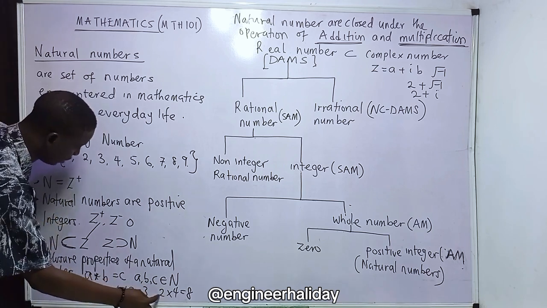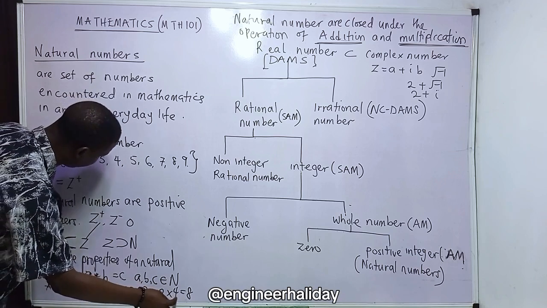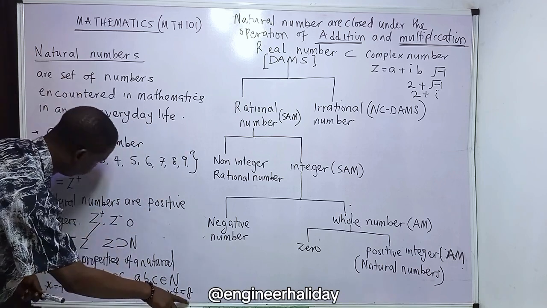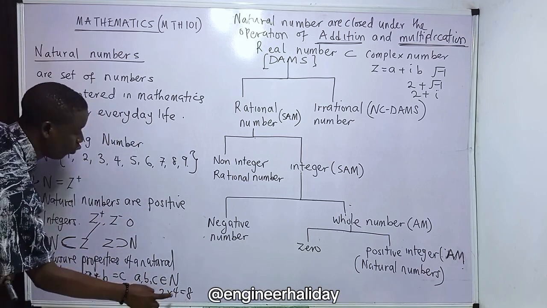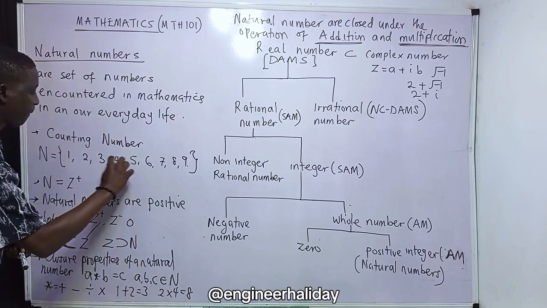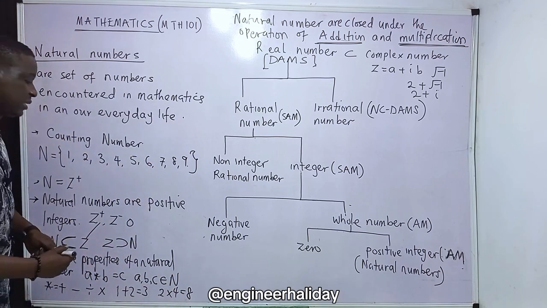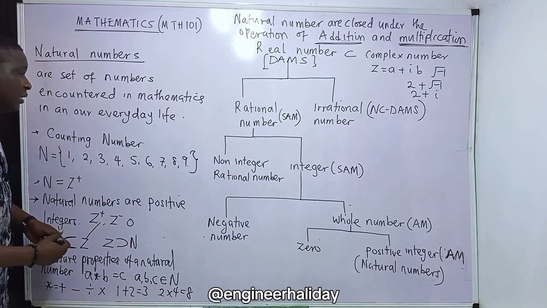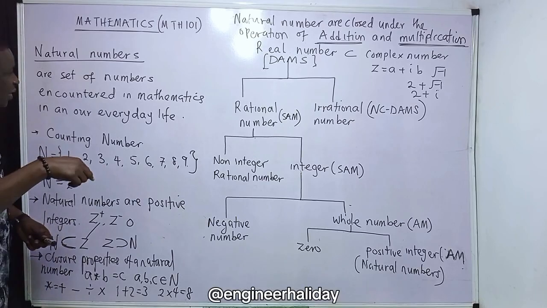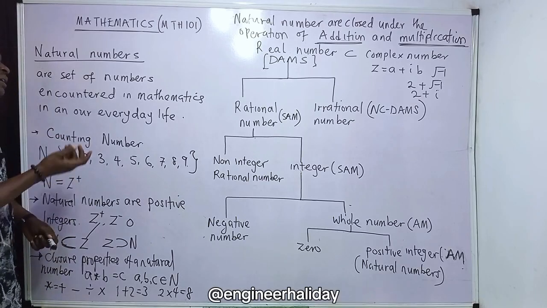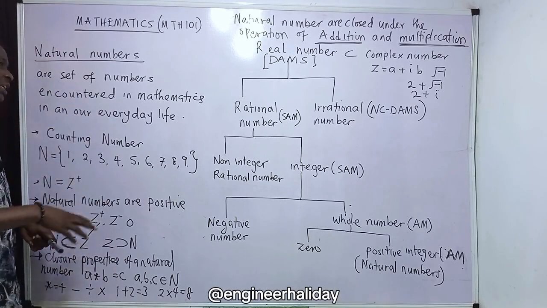So this is the operation of two numbers to give another number that is also part of the set. So 2, 4 and 8 are part of the natural numbers. If you say 10 times 12 is 120, 10 and 12 are natural numbers, and they give 120, which is also a natural number.